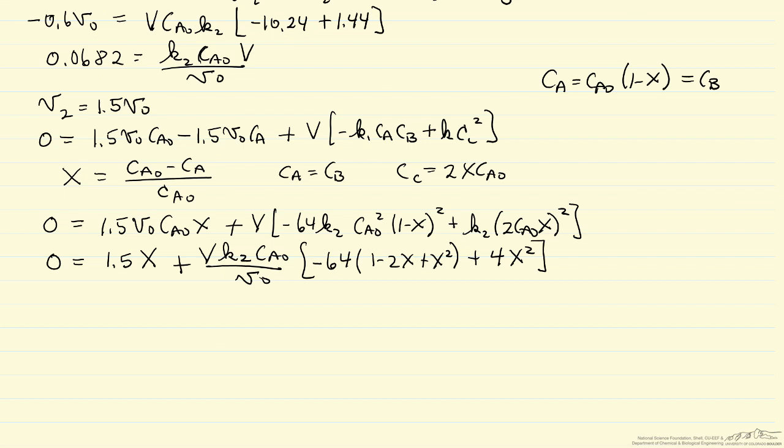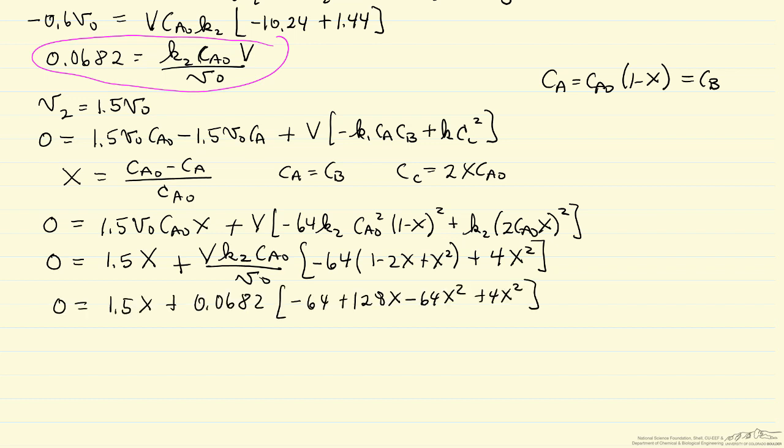So now I'm going to substitute in this value that we calculated, since K2, CA0, V, and the volumetric flow rate are the same for this new condition. And now I'm going to divide both terms by 0.0682 and simplify.